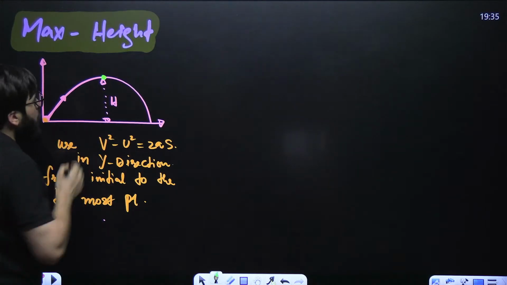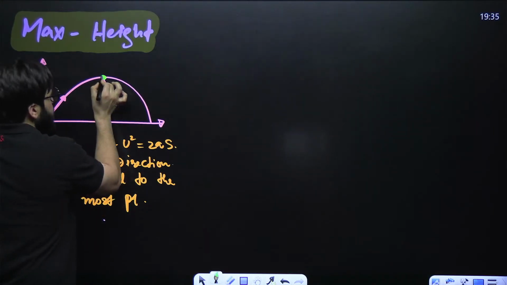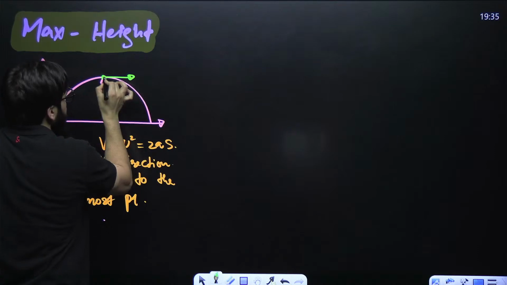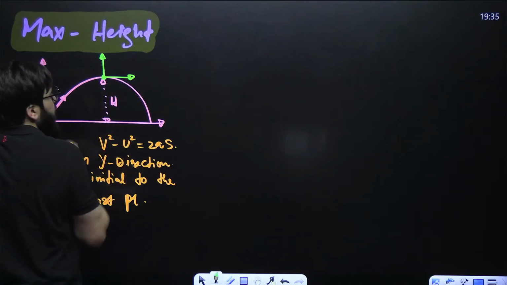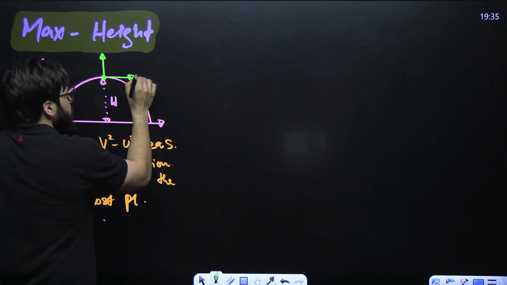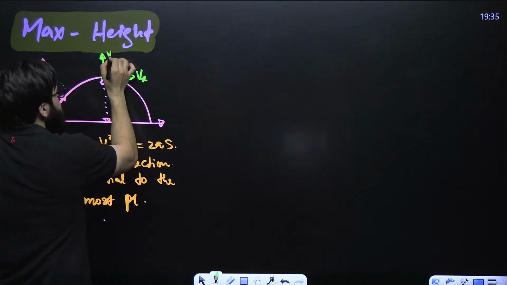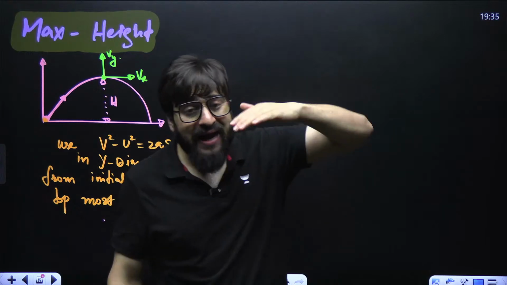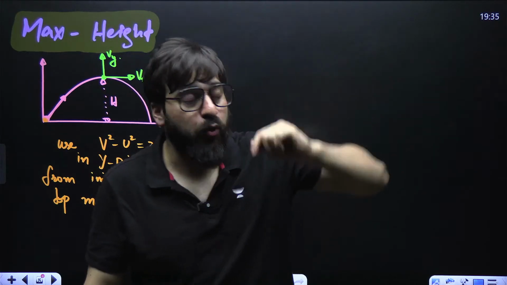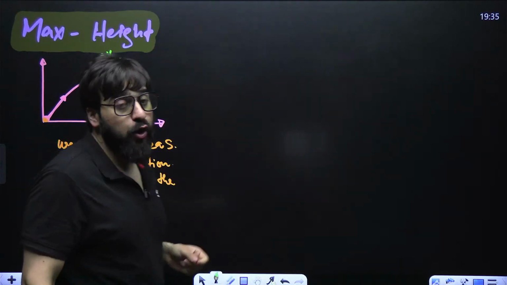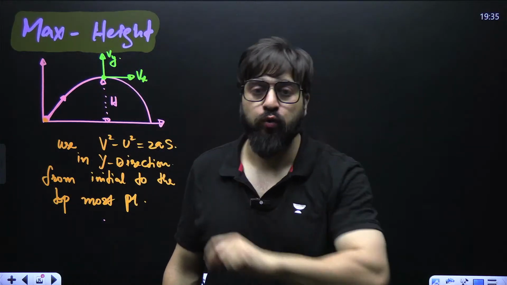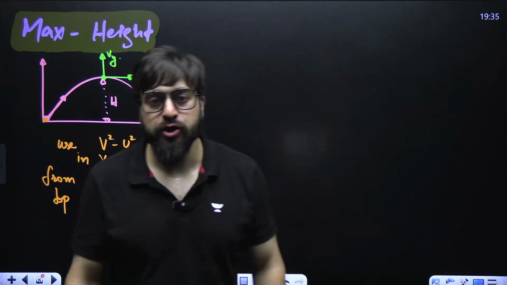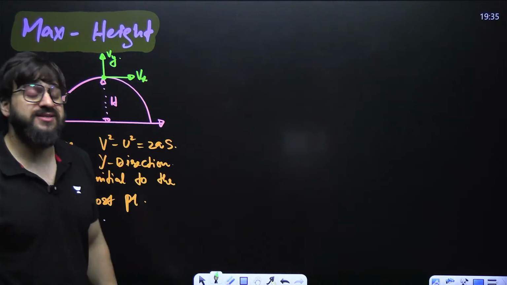At the topmost point, this will have one velocity in the x direction, another velocity in the y direction. This is Vx, and this is Vy. Always remember that at the highest point, at the topmost point, the vertical velocity of a projectile is 0.